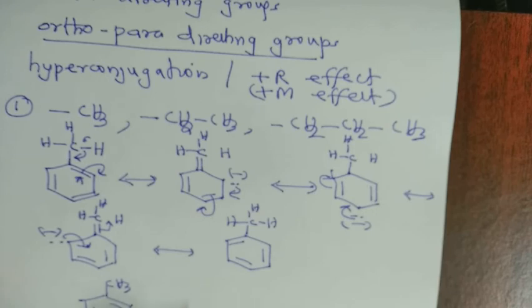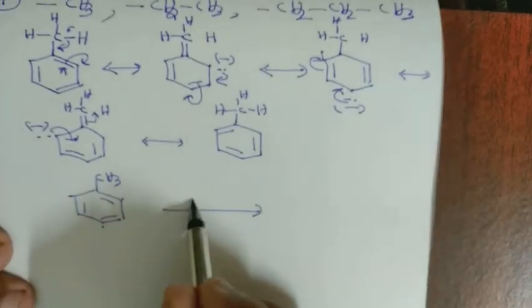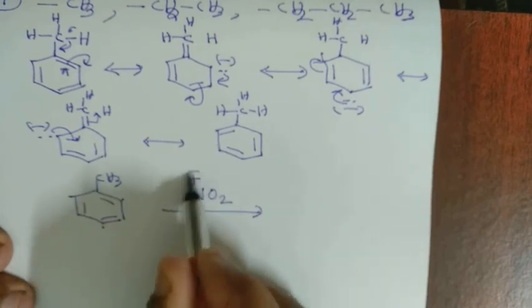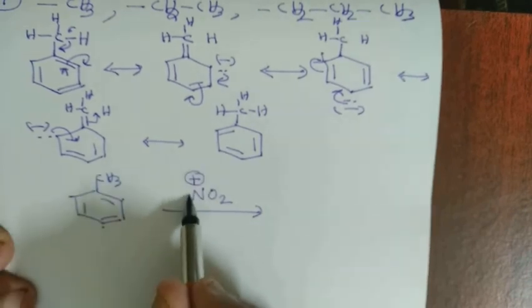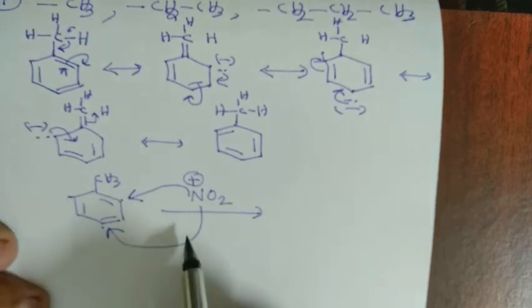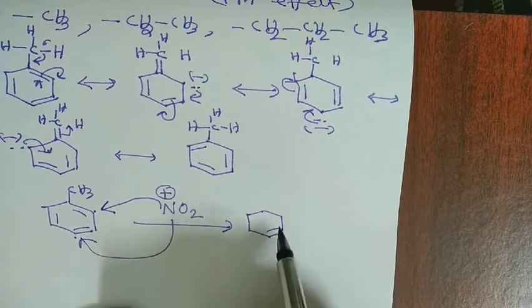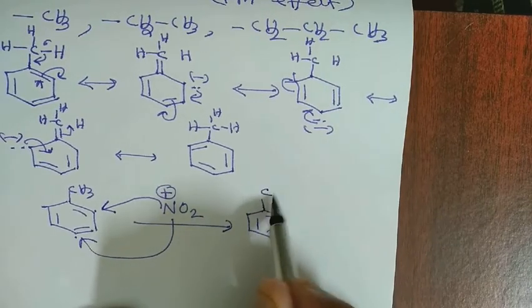So when it is subjected to electrophilic substitution reaction like nitration, the nitronium ion approaches either the ortho position or the para position, giving a mixture of ortho and para substitution products.